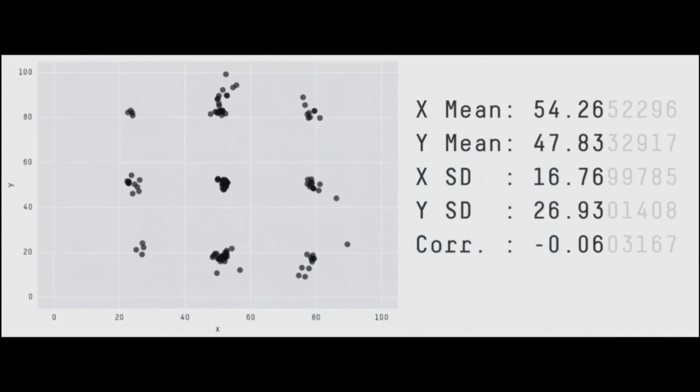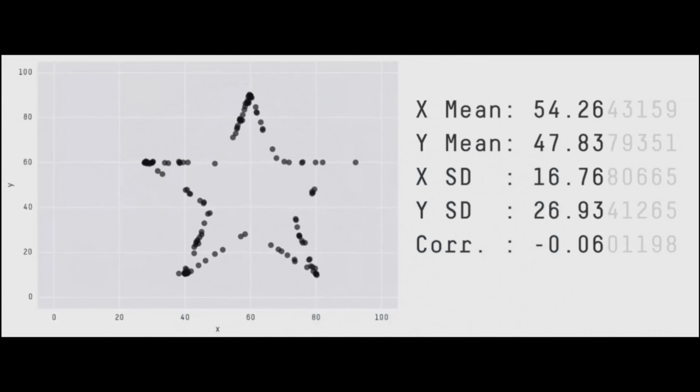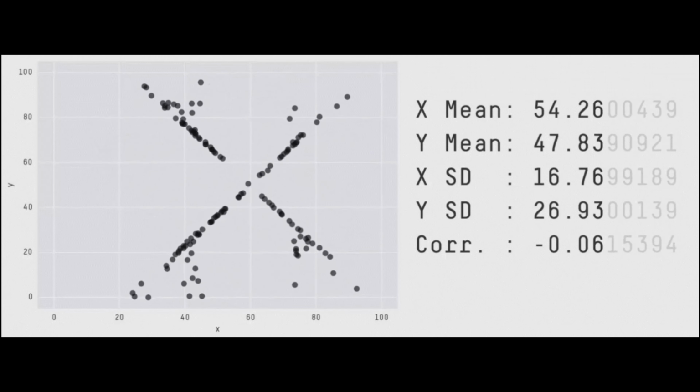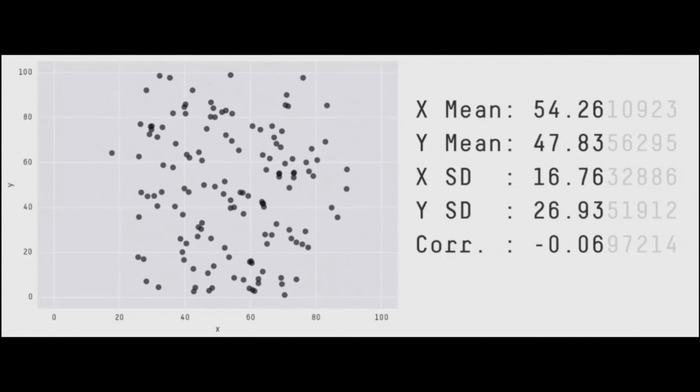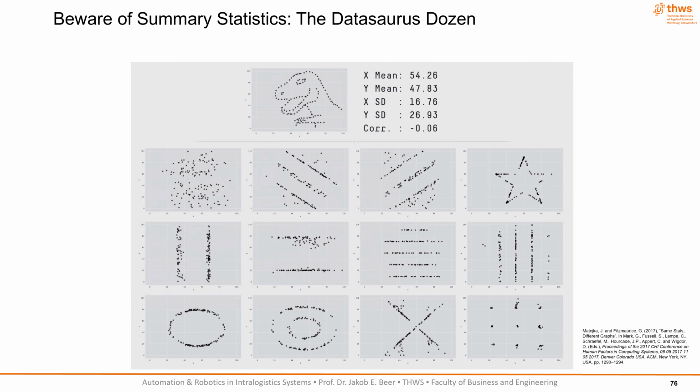But when we plot them, we see something remarkable. The data points form entirely different shapes. A dinosaur, a star, a circle, vertical and diagonal lines, and even random clouds of points. This example takes Anscombe's lesson to the next level.